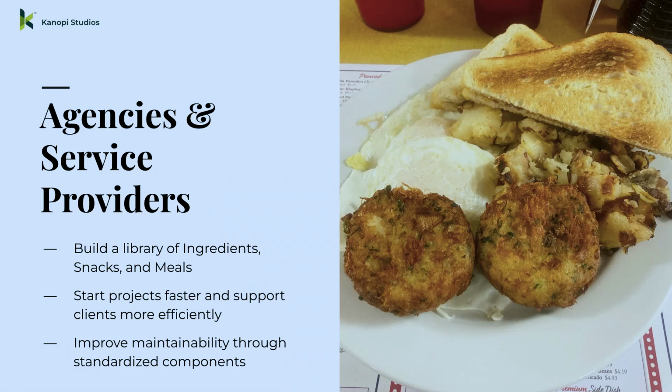This is what I talked about, building a library of ingredients, snacks, and meals. Use your site starter builders. When you're taking in new support clients, what recipes can you apply to standardize what's there, adding functionality? I have a recipe called 90-day password policy that puts the OWASP standards into a password policy for every site.